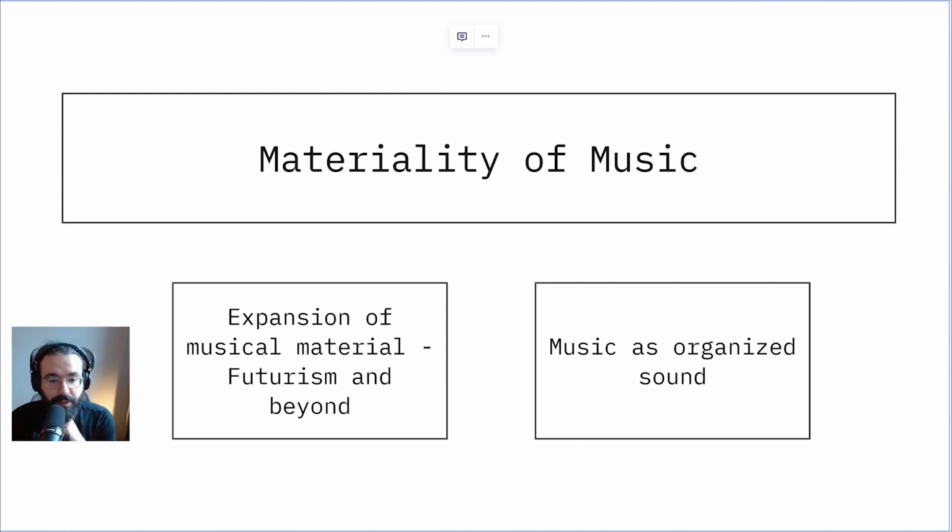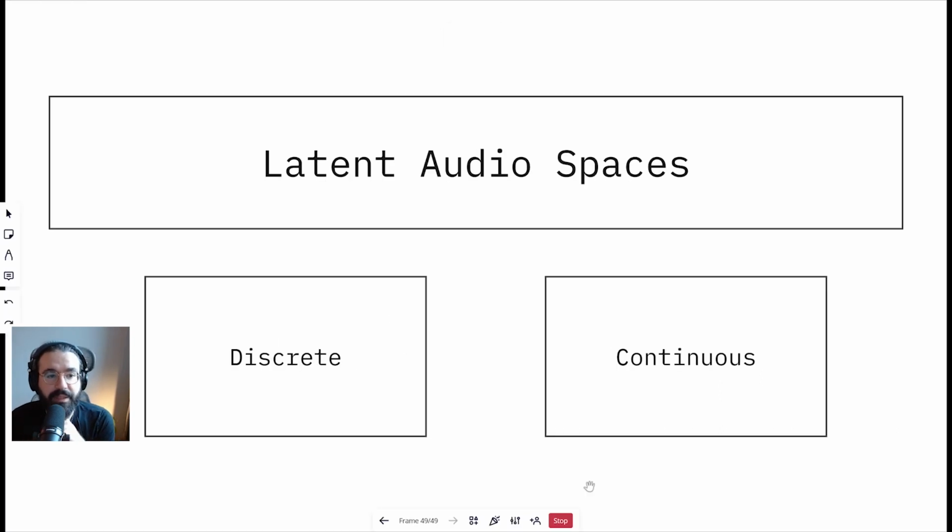Then we talked about new approaches to music as organized sound, to give you an introduction to the materiality of music and to ground our latent audio space approaches in sound studies and musical practices. After that, we dove into two kinds of latent audio spaces. First, discrete latent audio spaces, in which we worked with audio samples ranging from a fraction of a second to a couple of seconds.